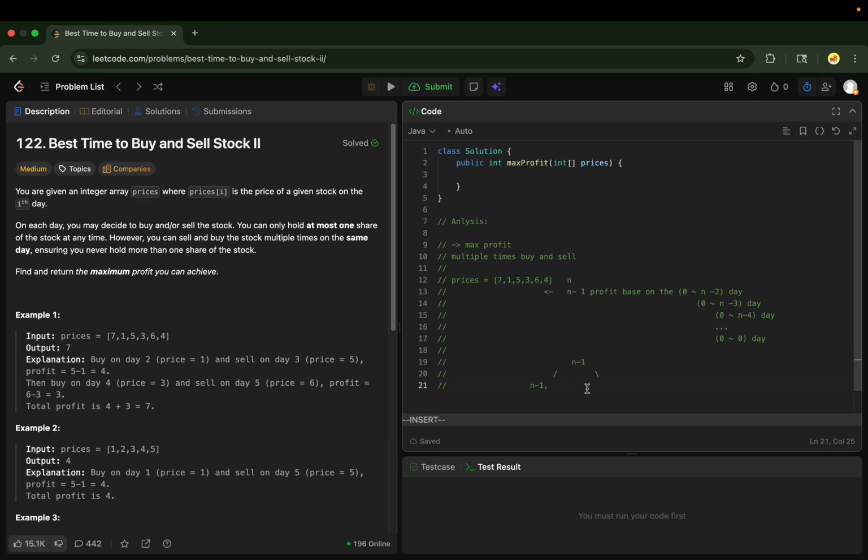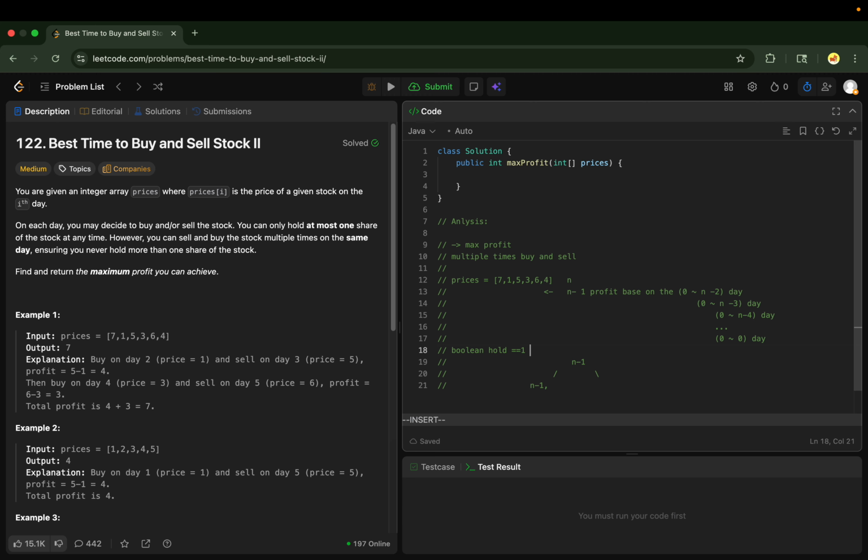So we can use a Boolean to mark hold or not. Hold equal to 1. So for the previous, we can have n minus 1 and n minus 2 with hold equal to 0 or 1. There are two situations, and these two situations will impact this one.